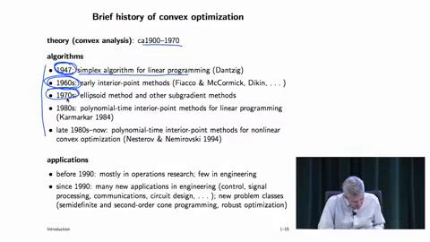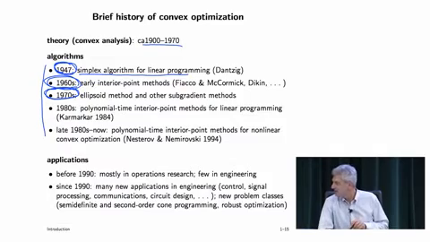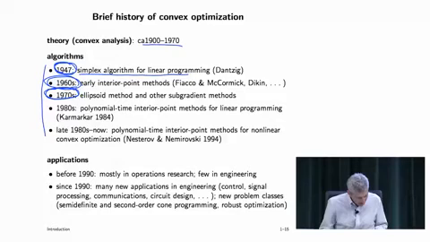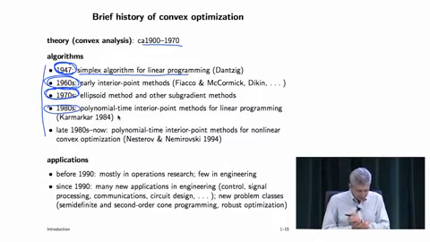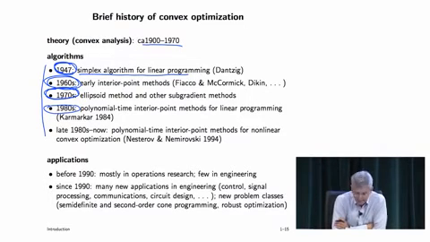In the 70s, there was work out of the Soviet Union on methods called the ellipsoid method and subgradient methods. We're actually not going to cover those in this class, but I think it's another very important milestone. A big one was in the 80s, and you may even have heard about this. I guess AT&T was being broken up or something like that.